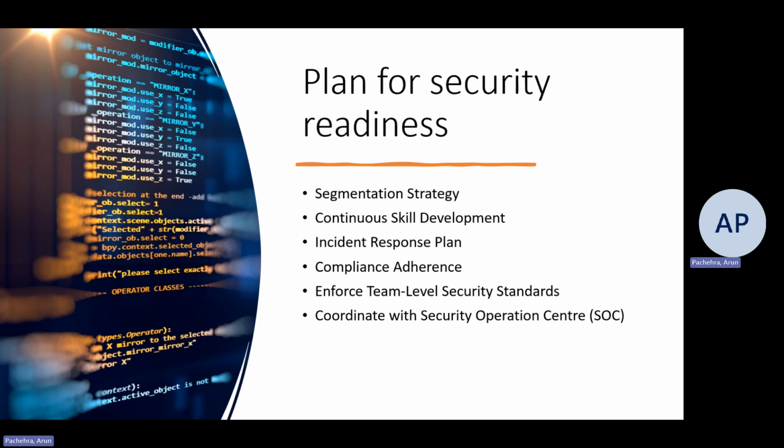And the very first one is the segmentation strategy. What are we doing with this? Well, we are trying to divide our workload, maybe on the basis of environment, maybe on the basis of network, or maybe on the basis of folders like subscriptions. So you've got to divide your workload environment into distinct segments based on business needs and sensitivity levels.